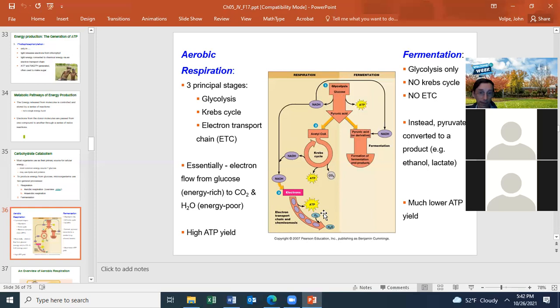So oxygen is the final electron acceptor, which is why it's called aerobic respiration. And the glucose is converted into CO2 and water. This process yields a very high amount of ATP. The fermentation is very low on yielding ATP.